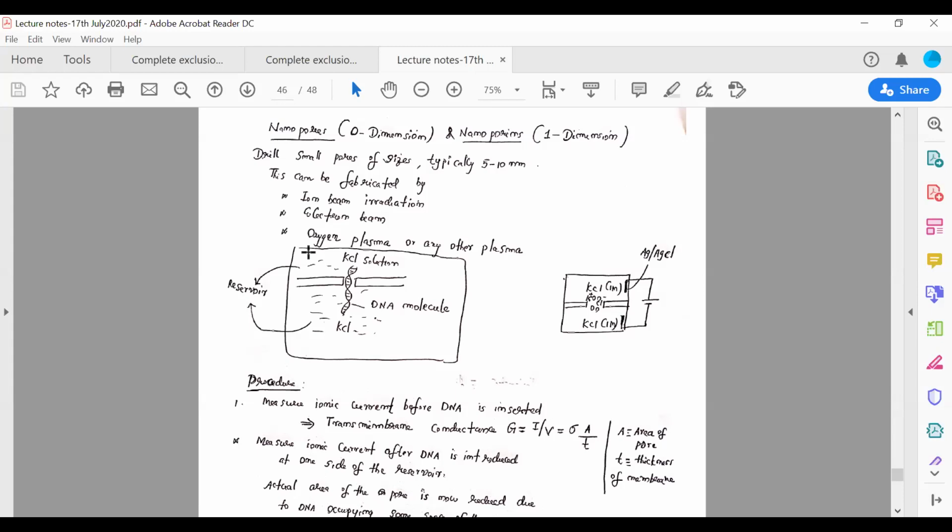Now the problem is, with some techniques like ion beam irradiation and electron beam, you have to have some kind of blockage, some kind of mask, to preferentially etch some regions. Oxygen plasma is quite random: wherever you have defects or weak points, it interacts strongly and etches.